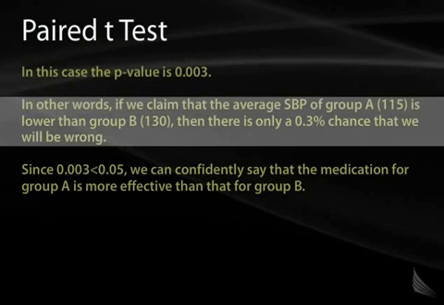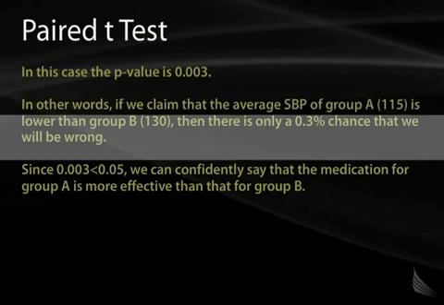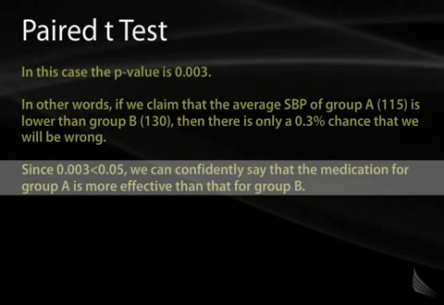So in other words, if we claim that the average systolic blood pressure of group A, which is 115, is lower than group B, 130, then there is only a 0.3% chance that we will be wrong. Since 0.003 is less than 0.05, we can confidently state that the medication for group A is more effective than for group B.